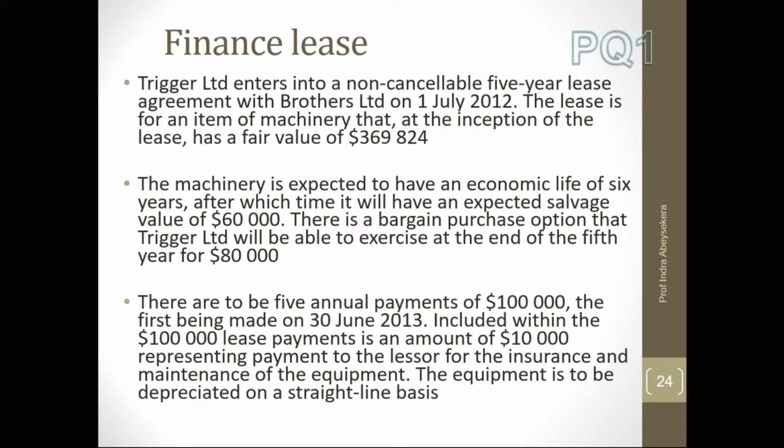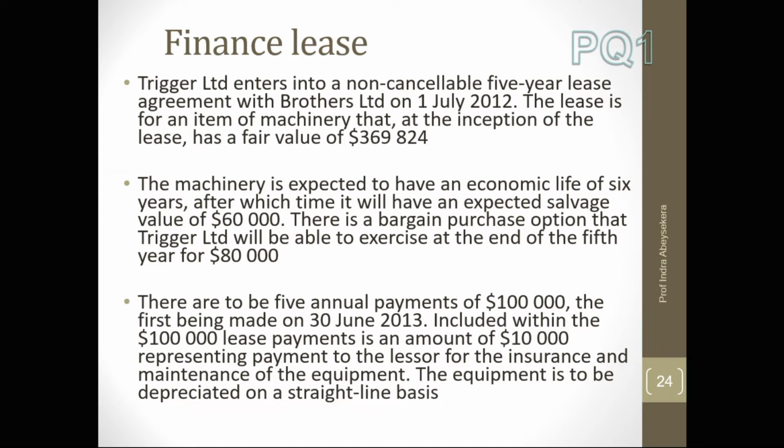At the inception of the lease, it has a fair value of $369,824. The machinery is expected to have an economic life of 6 years, after which time it will have an expected salvage value of $60,000.